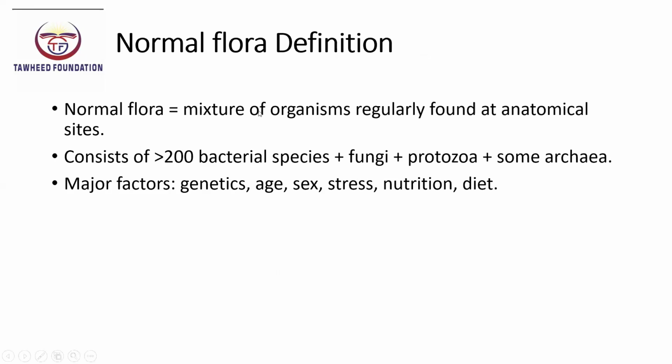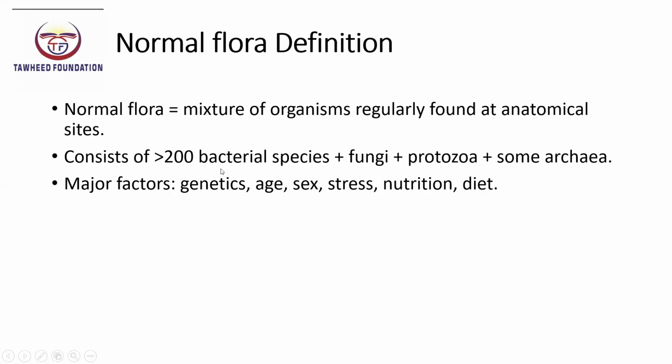Next is normal flora. The mixture of organisms regularly found at any anatomical site is referred to as the normal flora. The normal flora of humans is exceedingly complex and consists of more than 200 bacterial species.